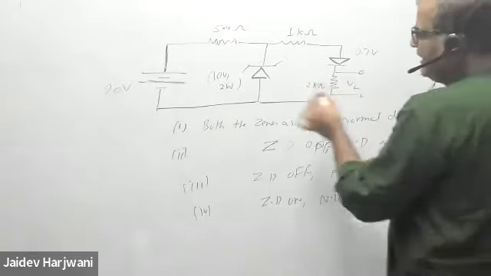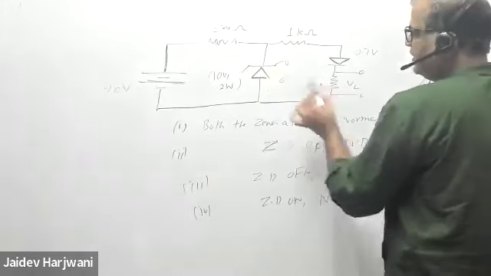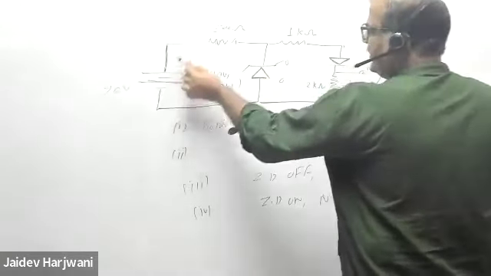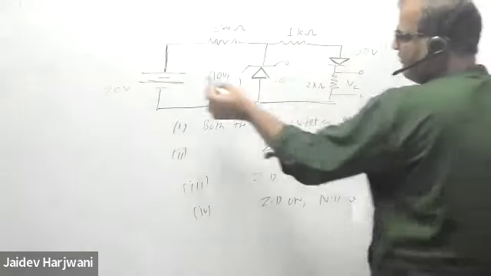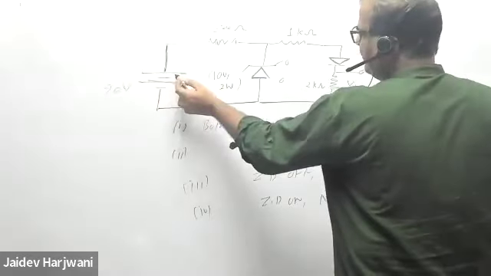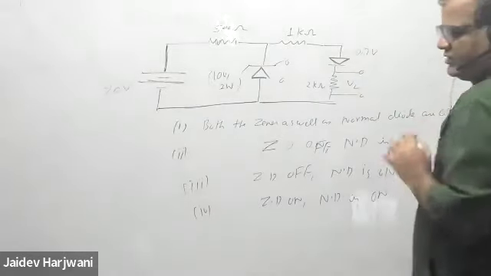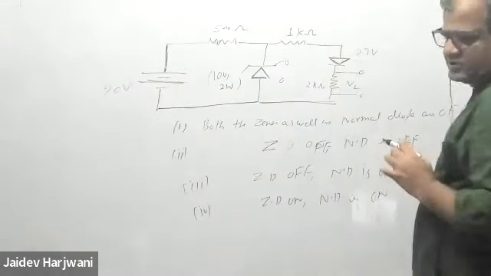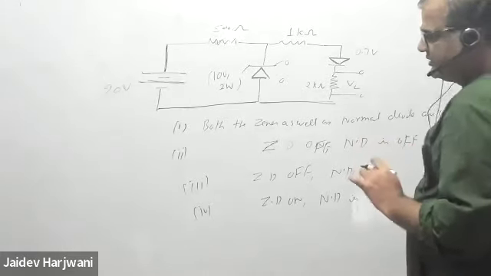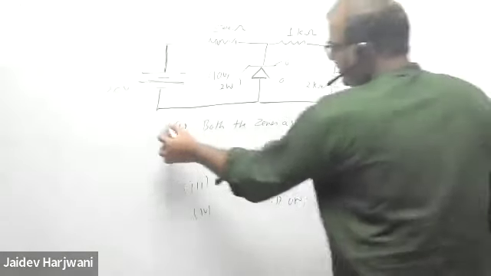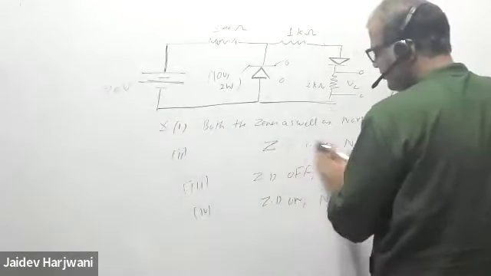It cannot happen that this is also off, because this requires only 0.7 volt and we have a 20 volt battery. So this 20 volt battery is making this normal diode on. So the assumption that both diodes are off is not correct. Both diodes cannot be off.